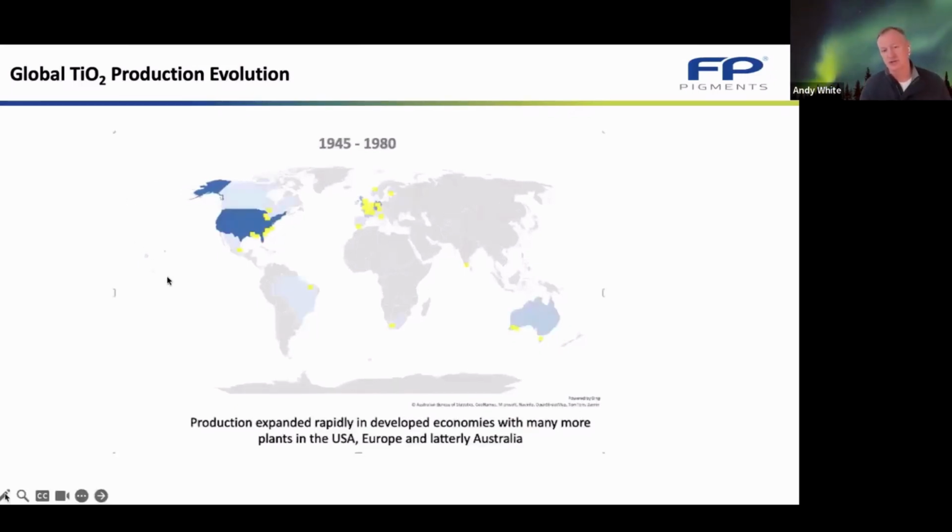Then after the war, the larger industrialization of the material took place. You got multiple plants built in the United States, a small plant in South America, many plants in Europe, the one plant in South Africa that some people may remember, and plants in Australia to serve the Asian market of ore down there.